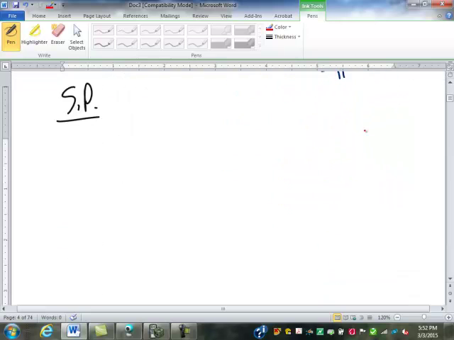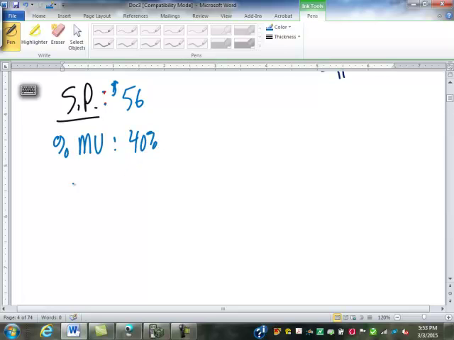So let's say that I give you that the selling price of an object is $56 and the percent markup is 40%. I want you to find the dollar markup.